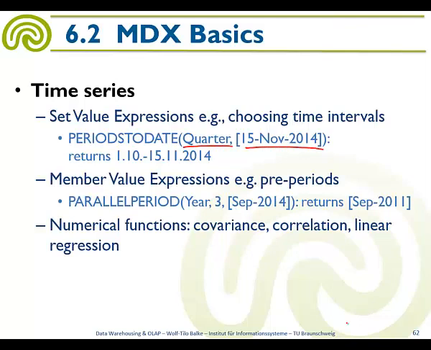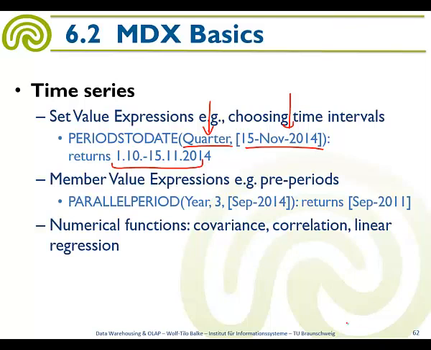I want the quarter that contains or goes until the 15th November of 2014, and the respective quarter would be October, November, December of 2014. So the period to date would be the 1st of October till the 15th of November, right? So there's always a beginning date and an end date, and they are matched.